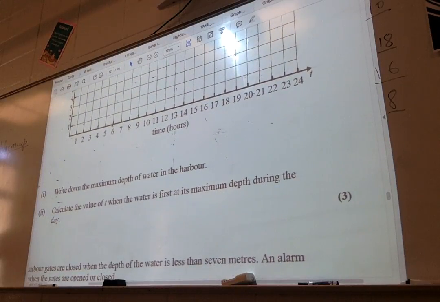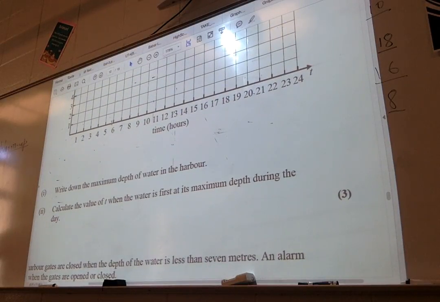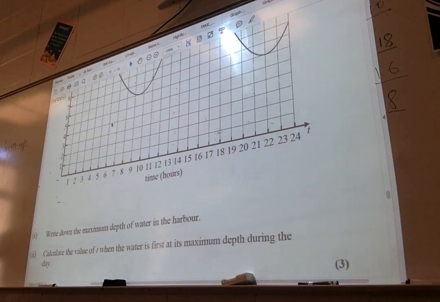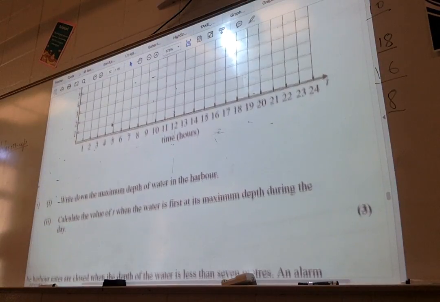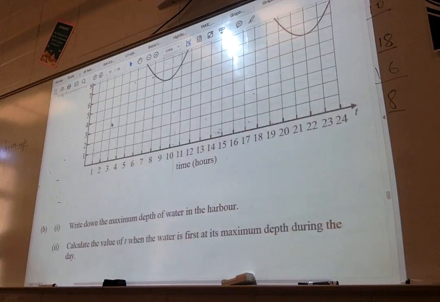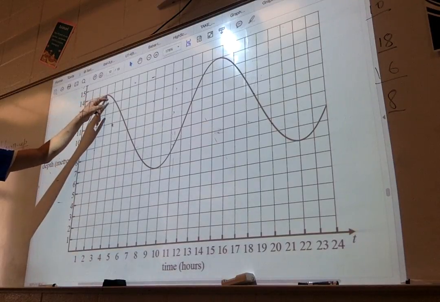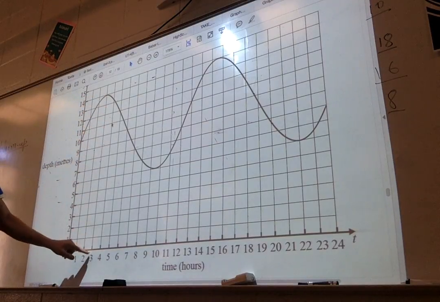Okay, calculate the value of t when the water is at its maximum depth during the day. What's the value of t? I mean, these are all pretty straightforward, right? That's the maximum depth.